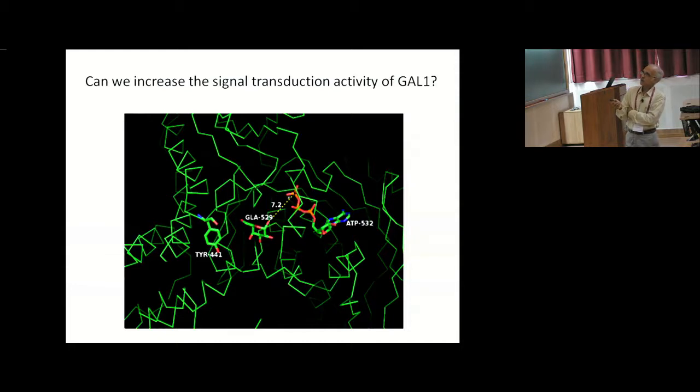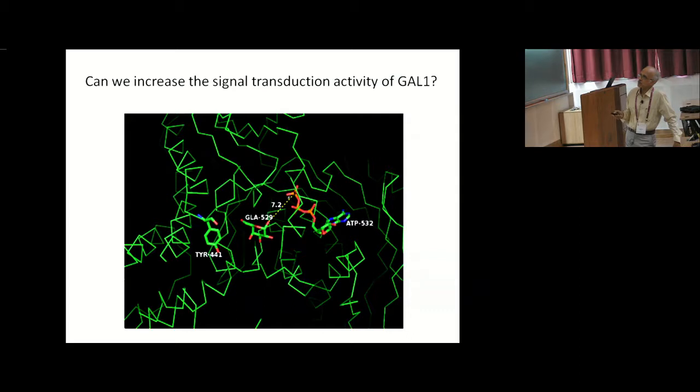So this is a snapshot of part of the structure of GAL1. This is ATP. This is galactose. This is one of the residues I have highlighted for this talk. Now you can see this is the terminal phosphate, and this is the hydroxyl of galactose.